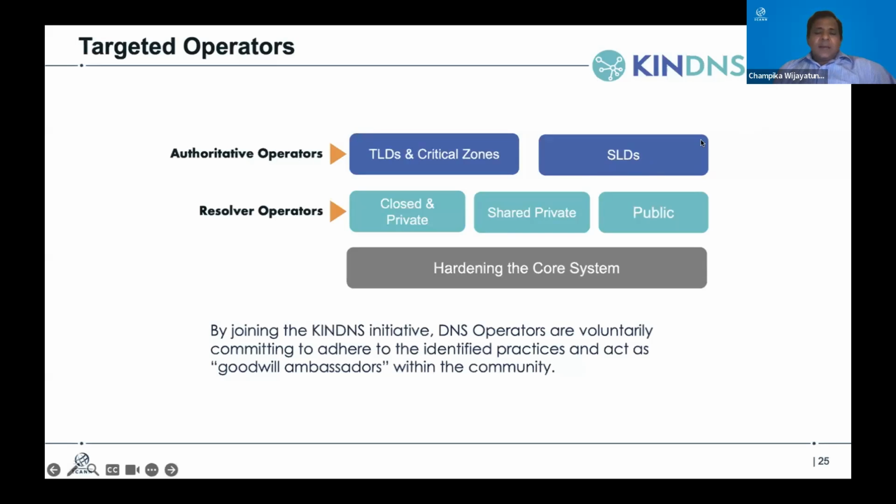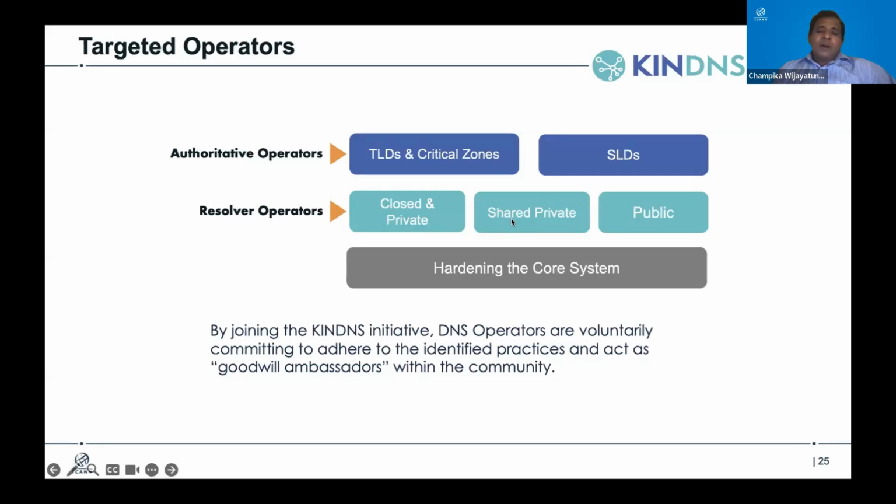right? And similarly, if you're operating recursive name servers, resolver operators, closed and private resolvers, this means for your organization, because sometimes some banks, some universities, they run their resolvers only for their users. If you are an operator in a bank, you could be running resolvers only for the bank users. So you are operating a closed resolver and a private resolver, right?